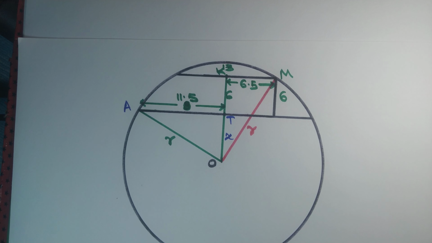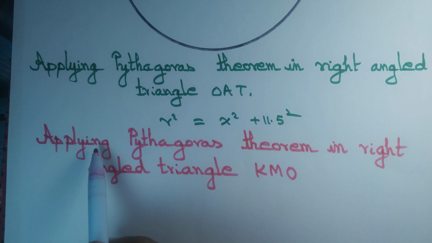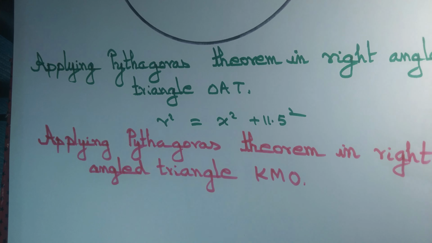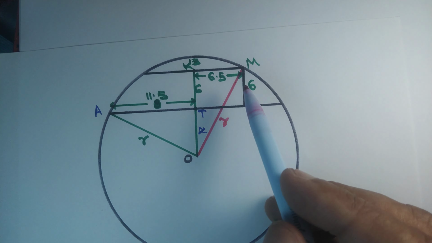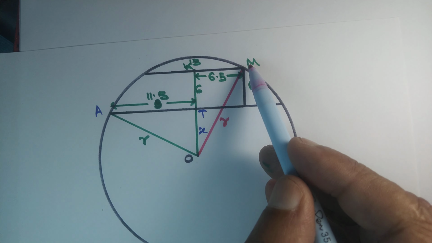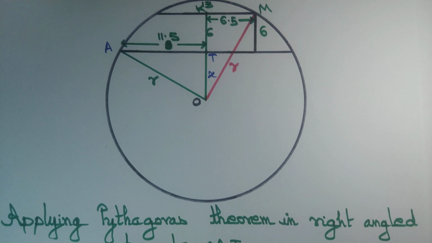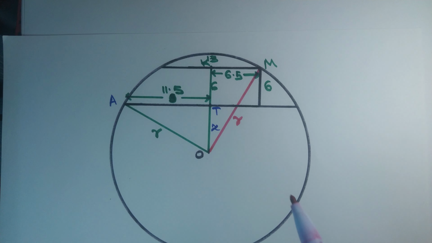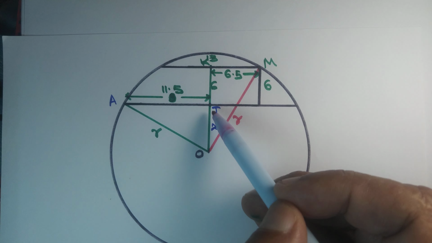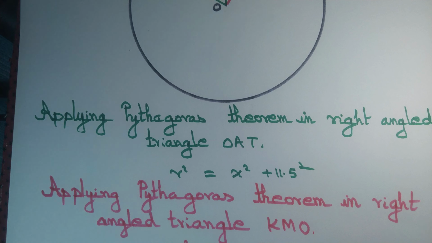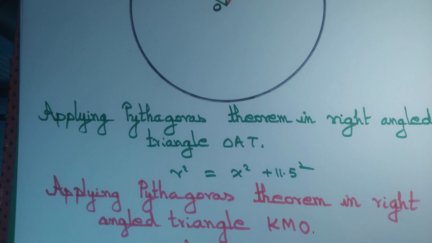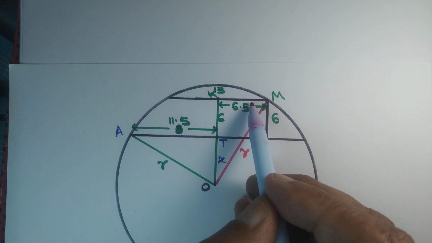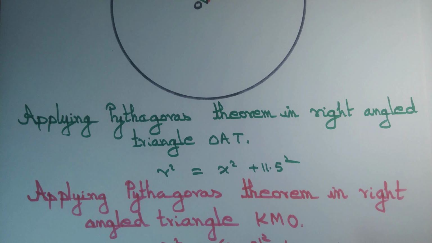Applying Pythagoras theorem in right angle triangle KMO, the hypotenuse measures R units, so R square equals perpendicular square, x plus 6 whole thing square, plus base square, base is 6.5 square.